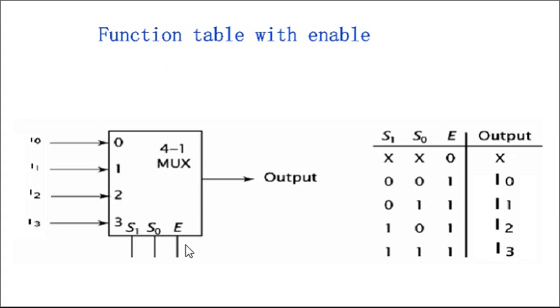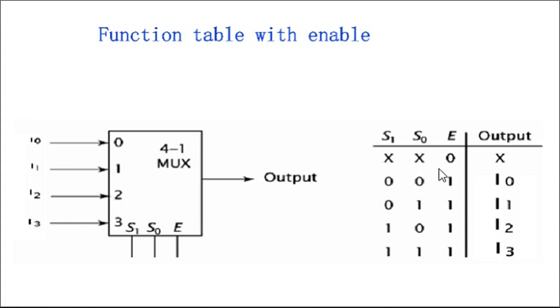Whenever the enable is active, then and only then the mux will work. So in the 4 to 1 mux we have 2 select lines, 4 input lines I0, I1, I2, I3, and the output line.